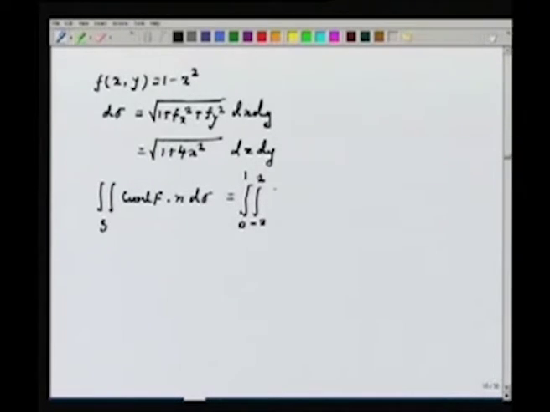Curl f dot n I have calculated, it is minus twice xy minus x, divided by 1 plus 4x square.